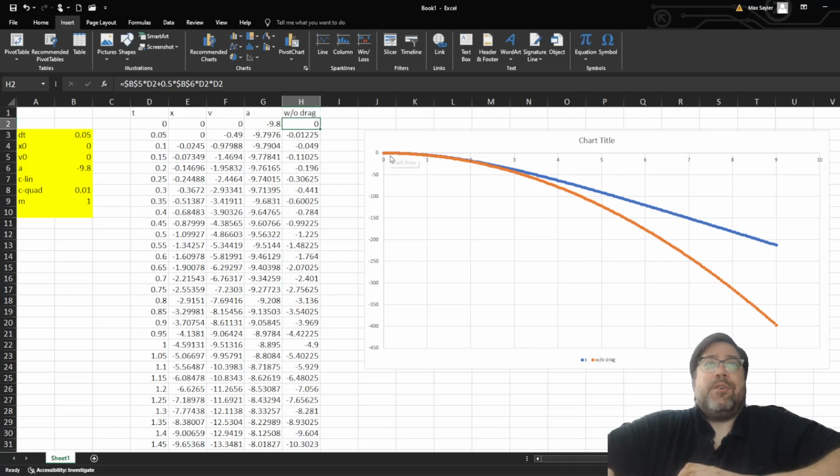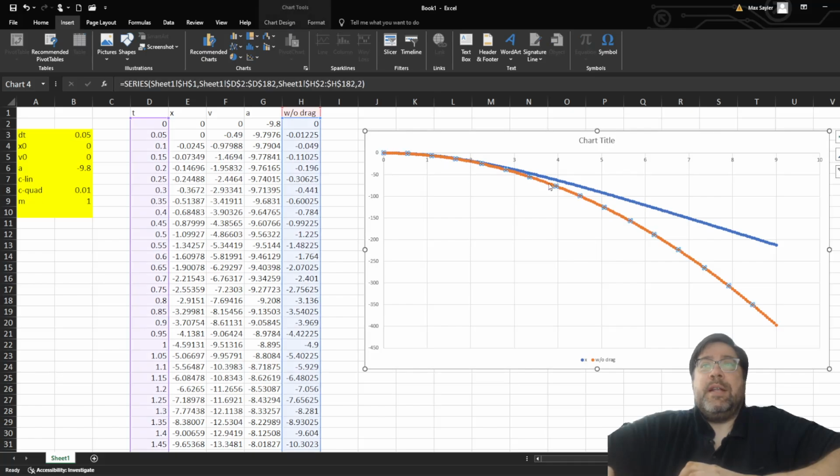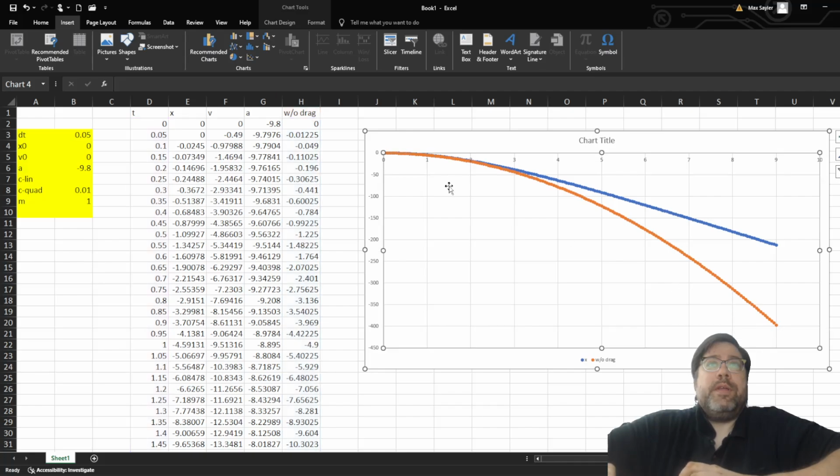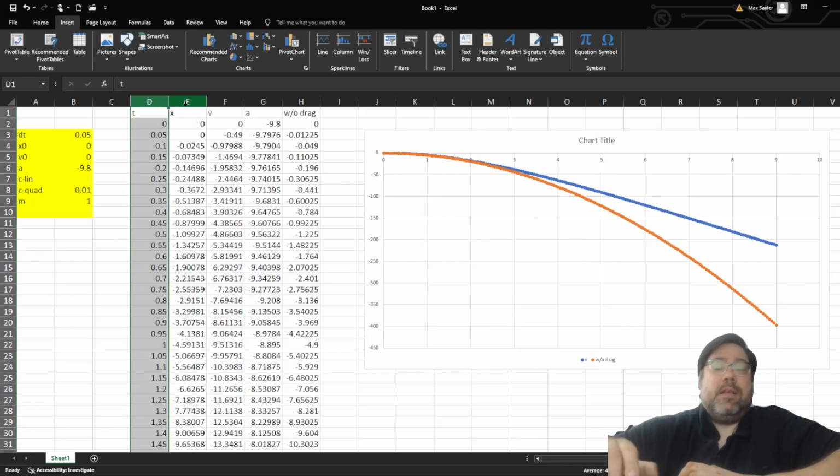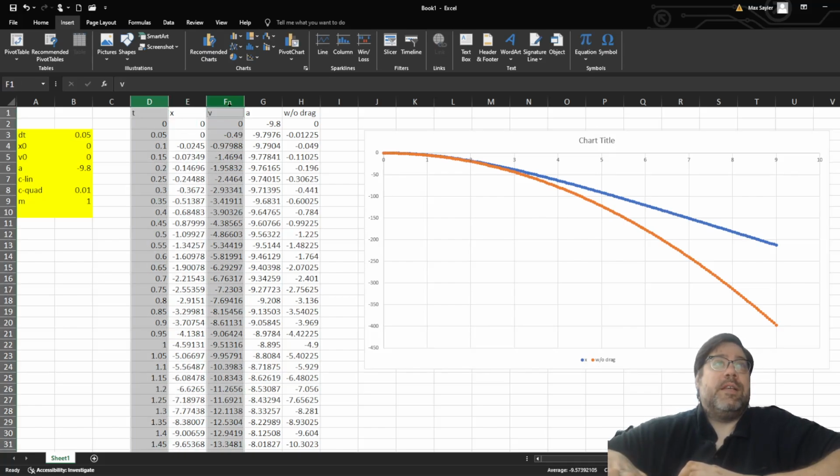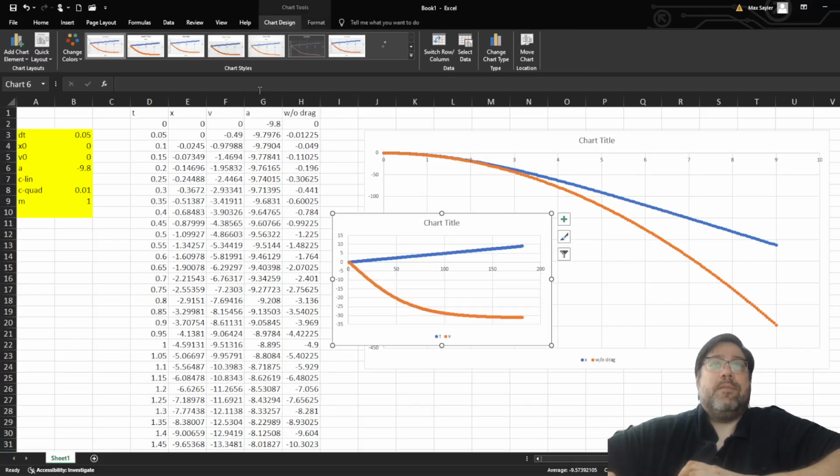So without drag, this line is just going down and doing our standard thing as if we drop something. But with drag, you notice that we start along the same trajectory, but then we go in a straight line like this. And if we look at time versus velocity, we'll get an idea why this is.